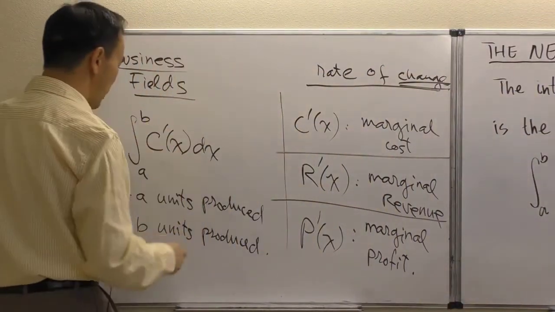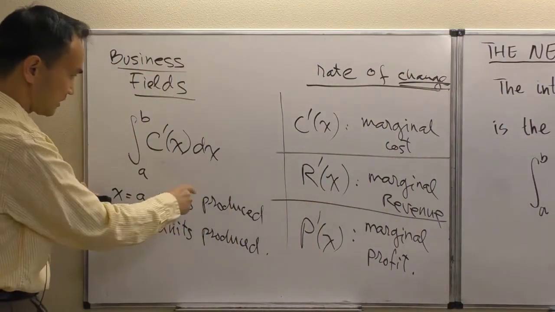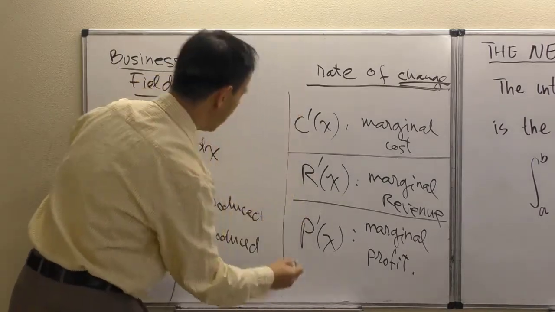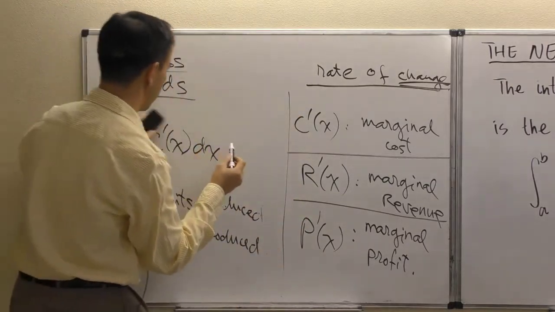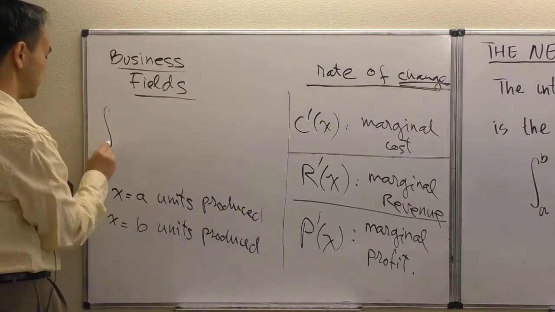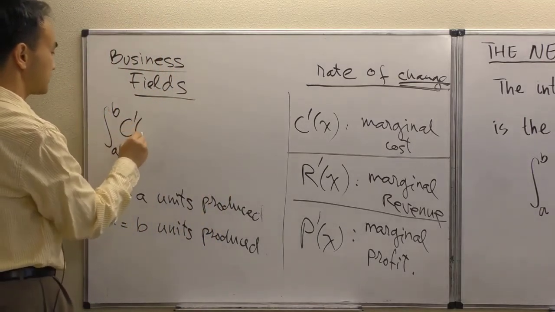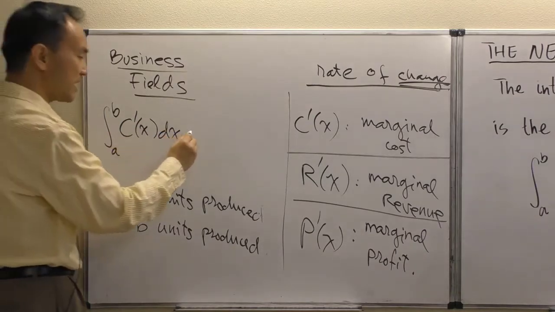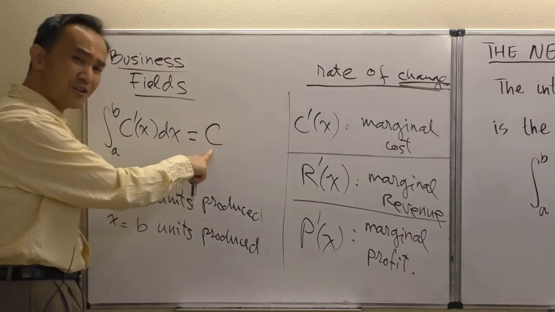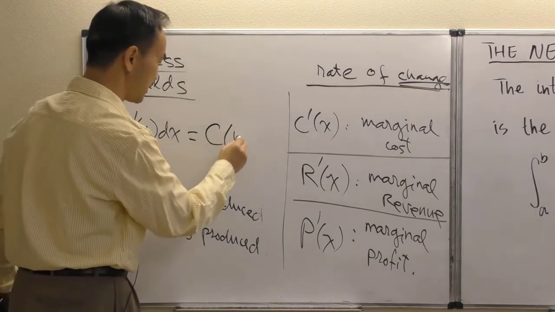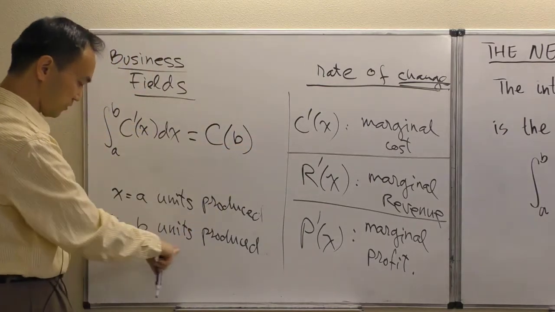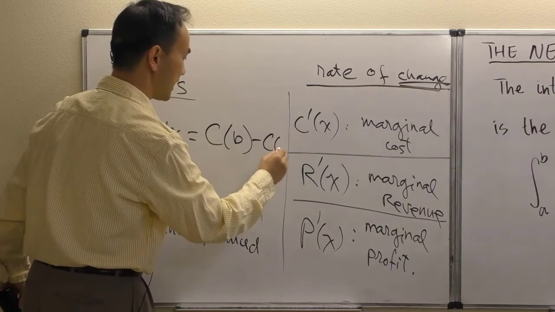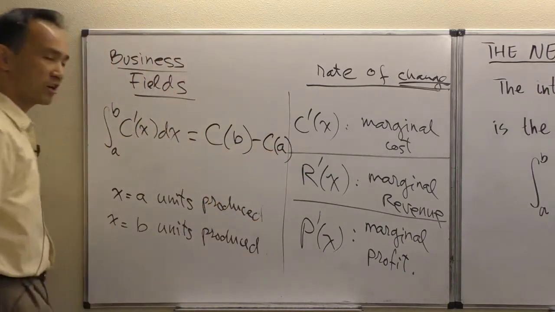Allow me to erase this. According to the net change theorem, integrating our rate of change for the cost function, we'll end up with the total cost function at the higher production level, minus the cost value at the production level at a.